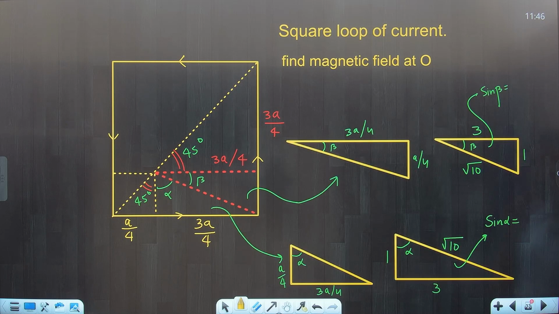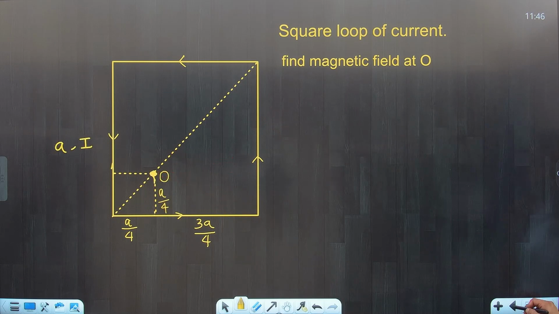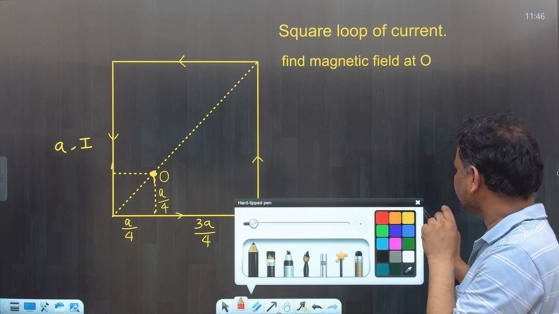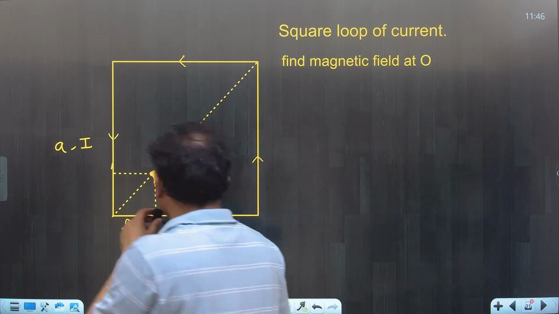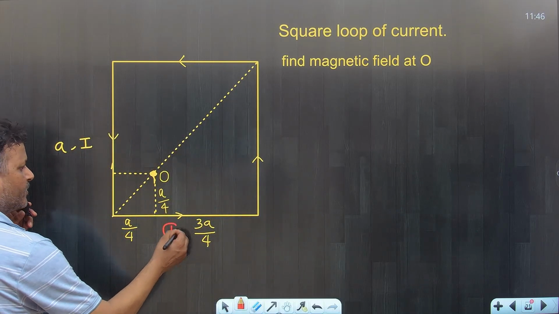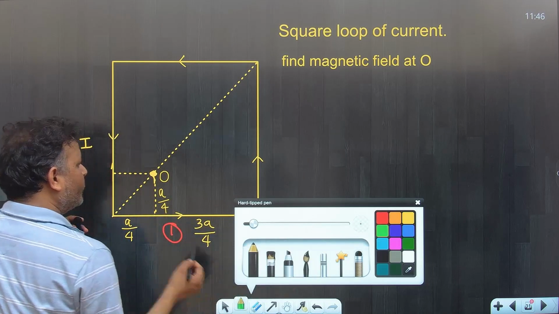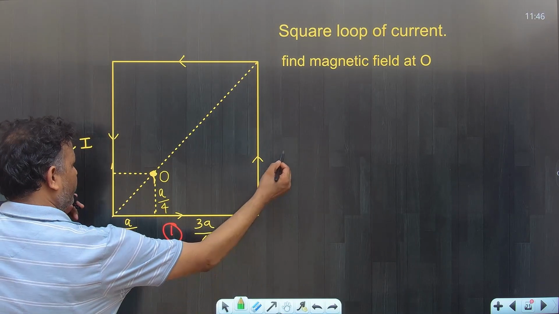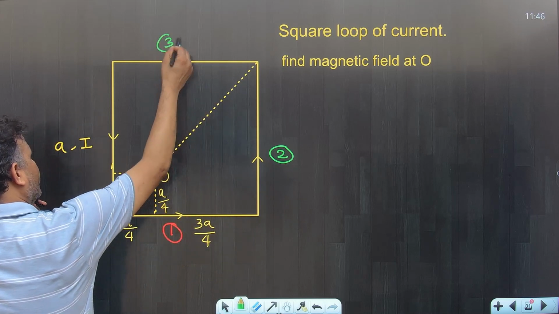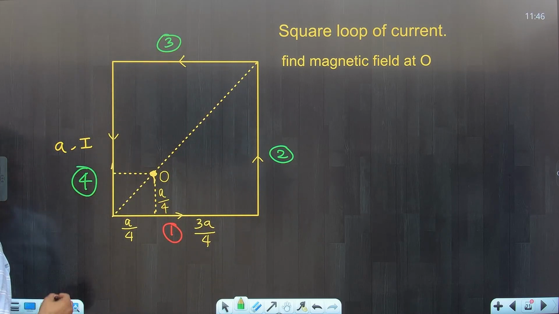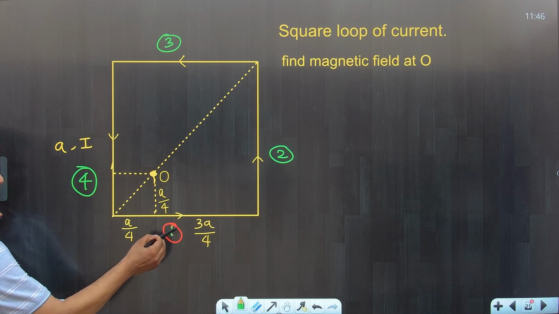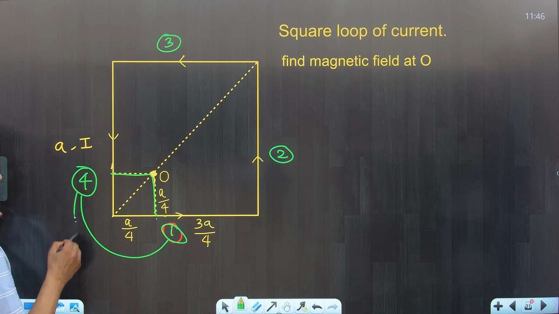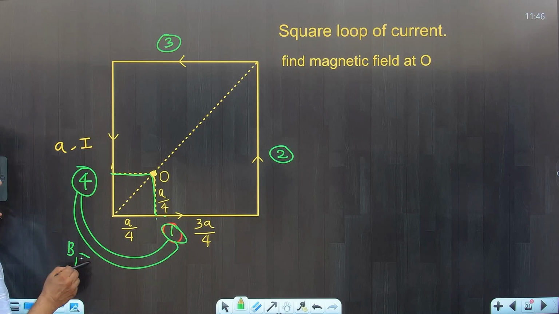Suppose you call this wire 1, this wire 2, this wire 3, and this wire 4. Wires 1 and 4 are equidistant from O, so B1 will be equal to B4.